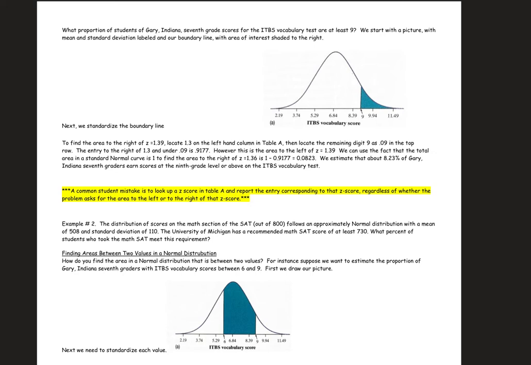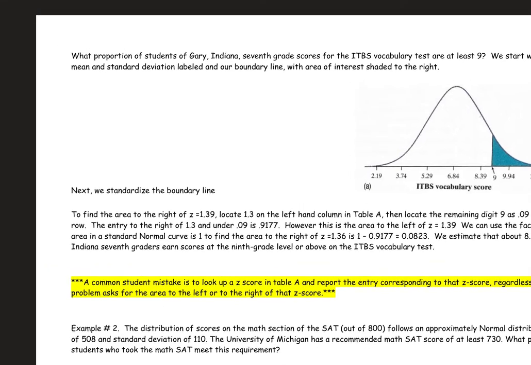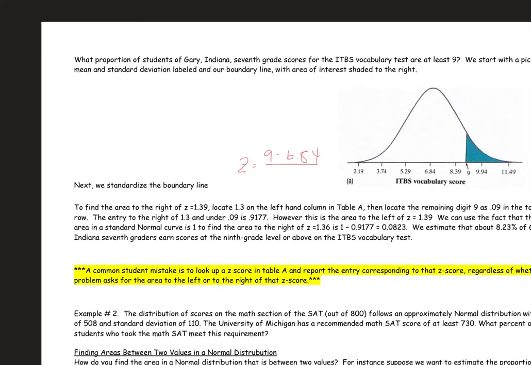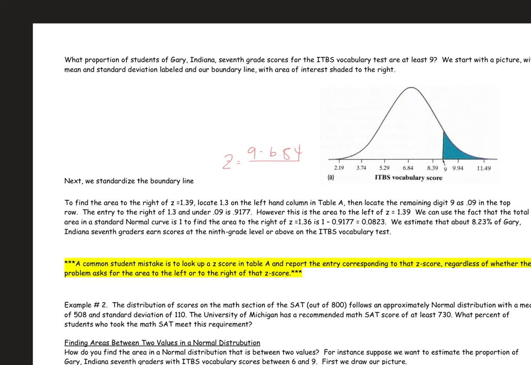You're not moving on with this problem until you figure out where 9 is as a z-score, right? So we then calculate, okay, let's see here, z is, and then we take 9 minus 6.84, and we divide that by the standard deviation of, I gotta figure out what our standard deviation was here. One second.